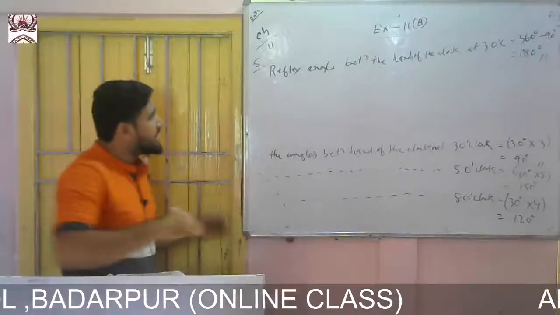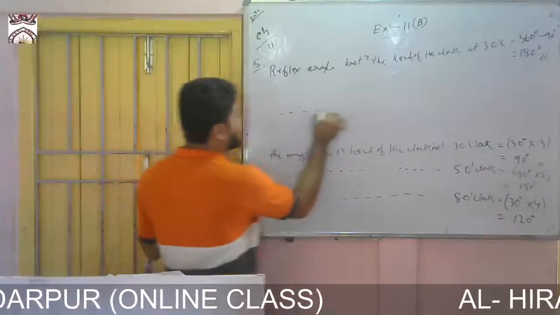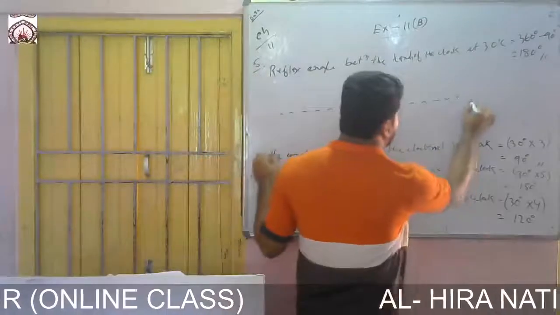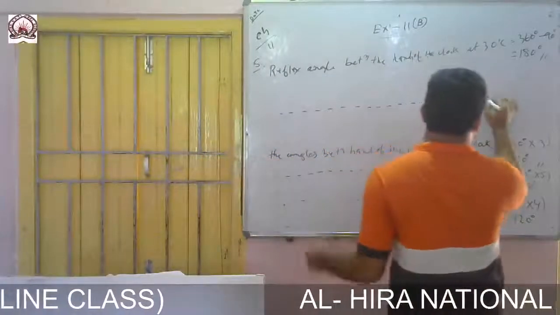Now again, write reflex angle between the hands of the clock at 5 o'clock.